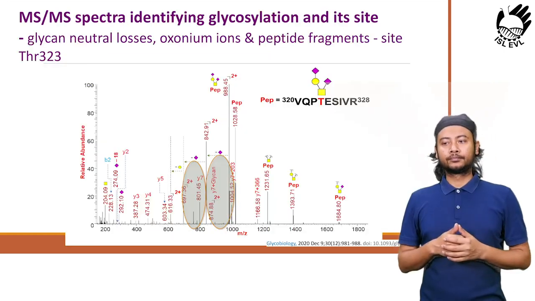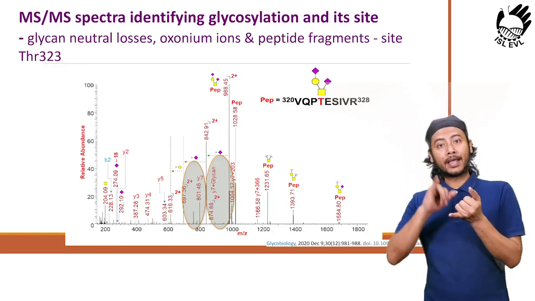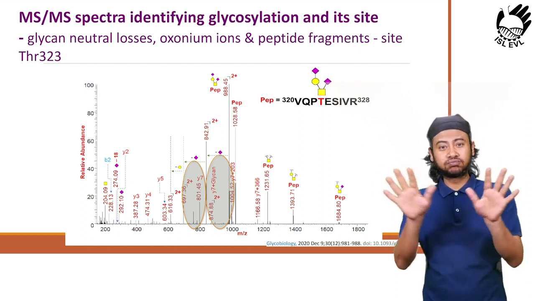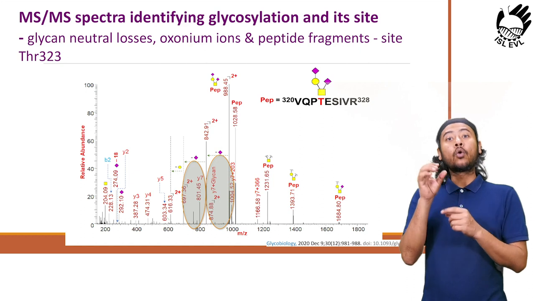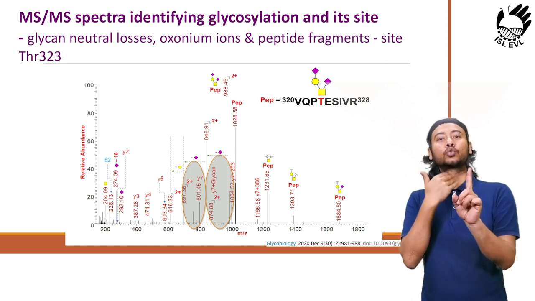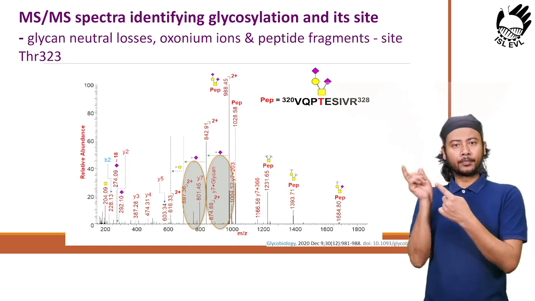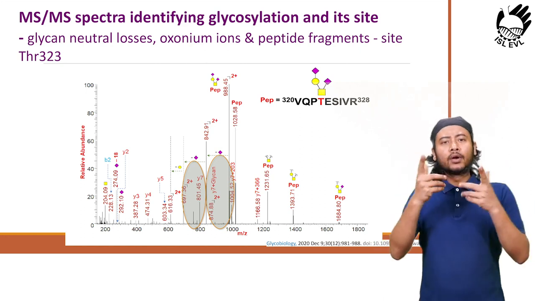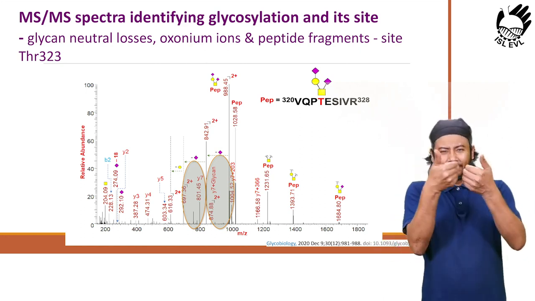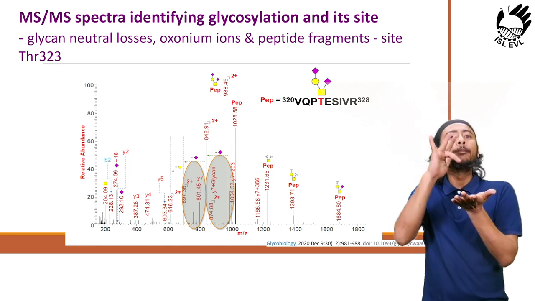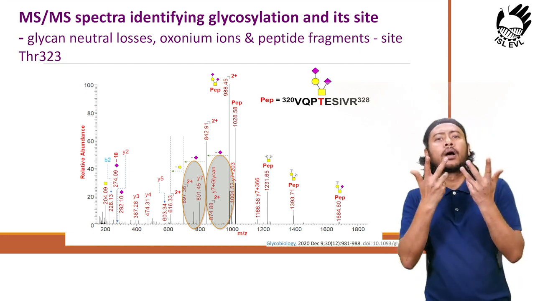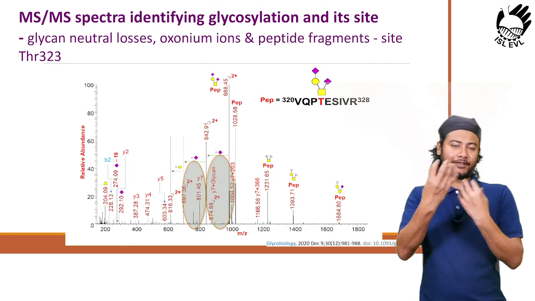So this is a representative MS fragmentation mass spectrum of a glycopeptide. In this case, this is an O glycosylated glycopeptide, and this spectrum provides rich information about the peptide sequence, glycans attached to the peptides, and also the sites of glycosylation.